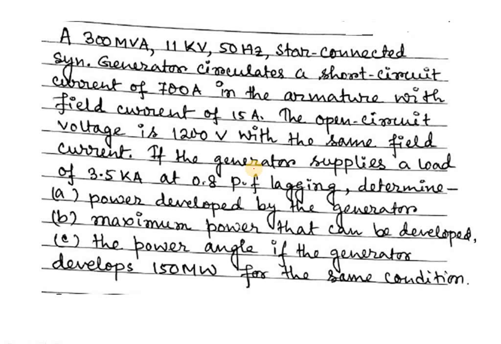The open circuit voltage is 1200 volt with the same field current. If the generator supplies a load of 3.5 kA at 0.8 power factor lagging, determine A, the power developed by the generator, B, the maximum power that can be developed, and C, the power angle if the generator develops 150 megawatt for the same condition.